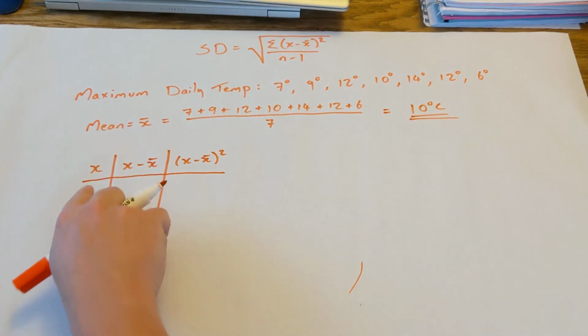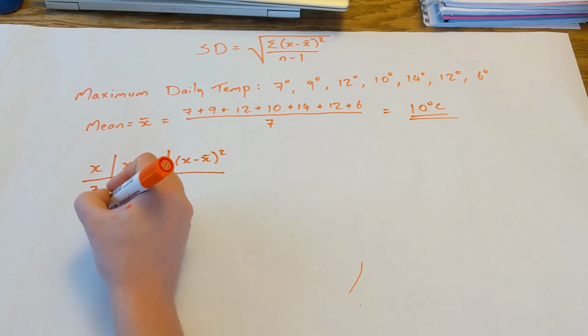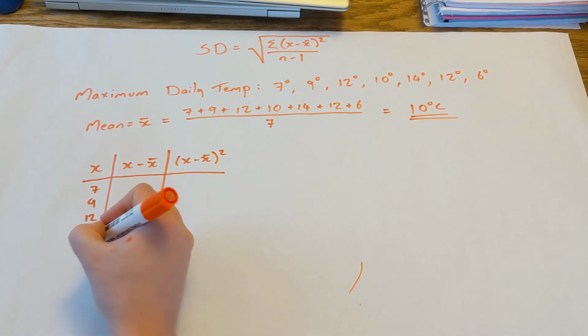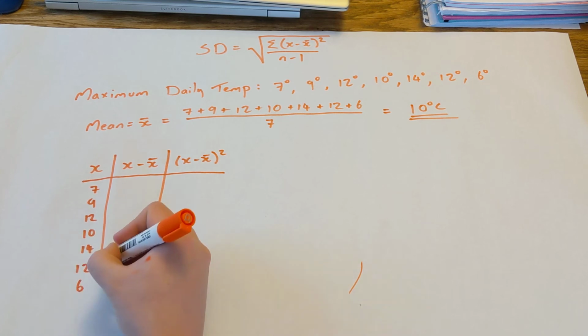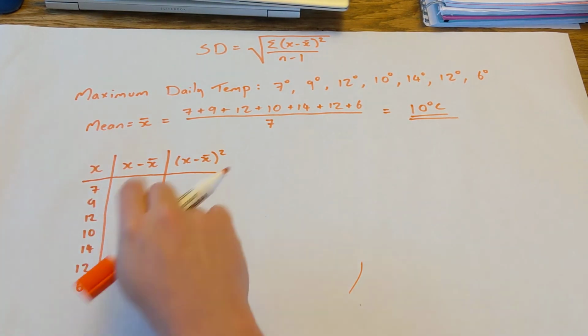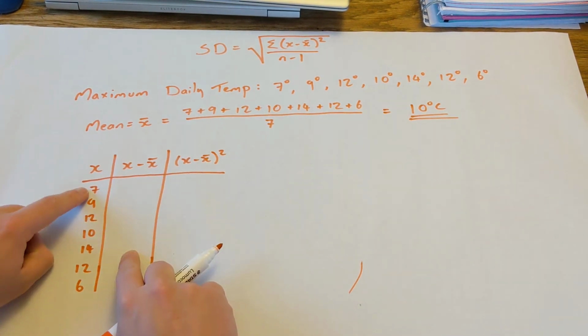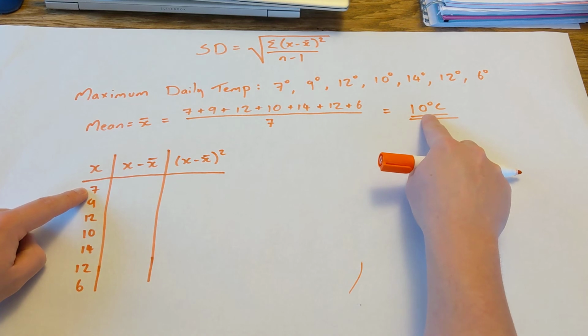Okay, so our x values, they are 7, 9, 12, 10, 14, 12 and 6. Now, you don't need to write these in order because they're all getting added up, so it doesn't matter what order they are. Sorry, try to draw that straight, I've done a terrible job of it. So, in this column, we're going to have this value take away our mean, which we've worked out here is 10, okay?